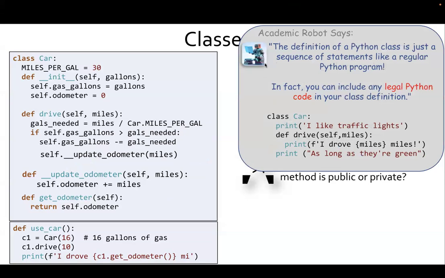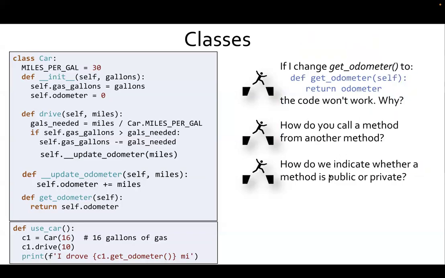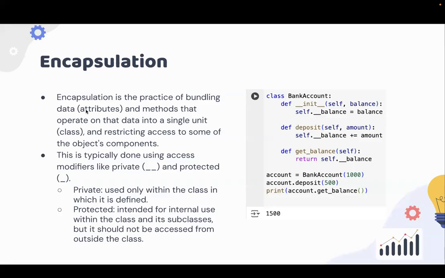So here is what Academic Bot says: the definition of a Python class is just a sequence of statements like a regular Python program. So basically you can include any legal Python code in your class definition. You can print and define some variables and also define some methods. And the reason we want to use classes and objects is that we want to have encapsulation.